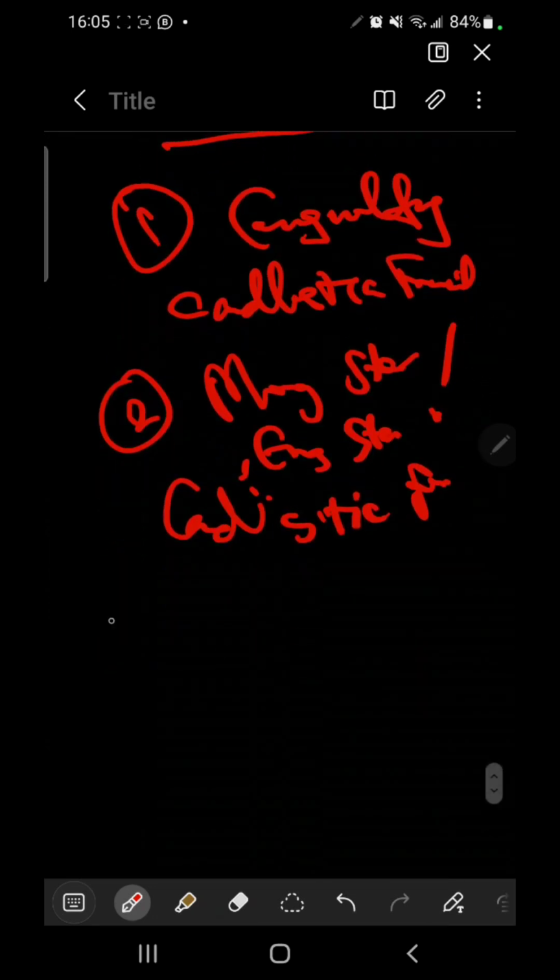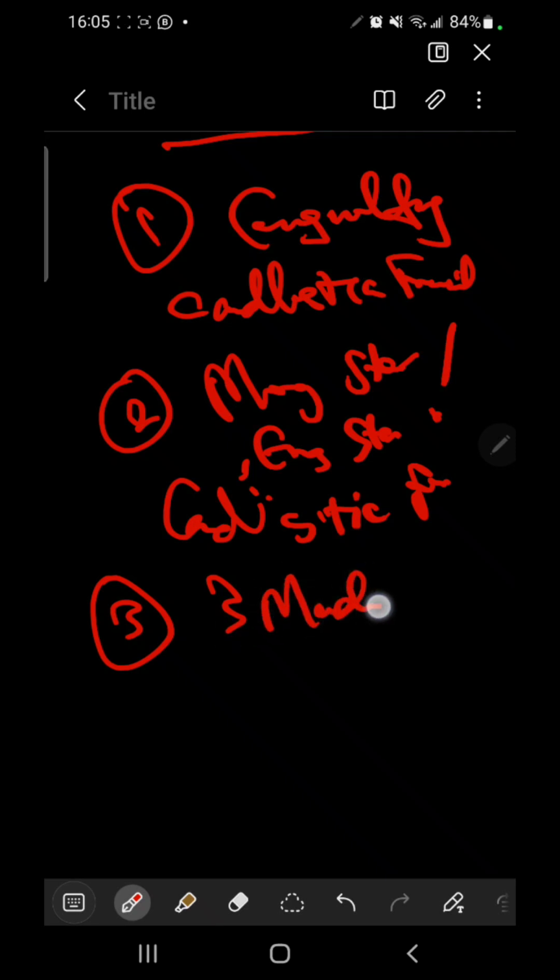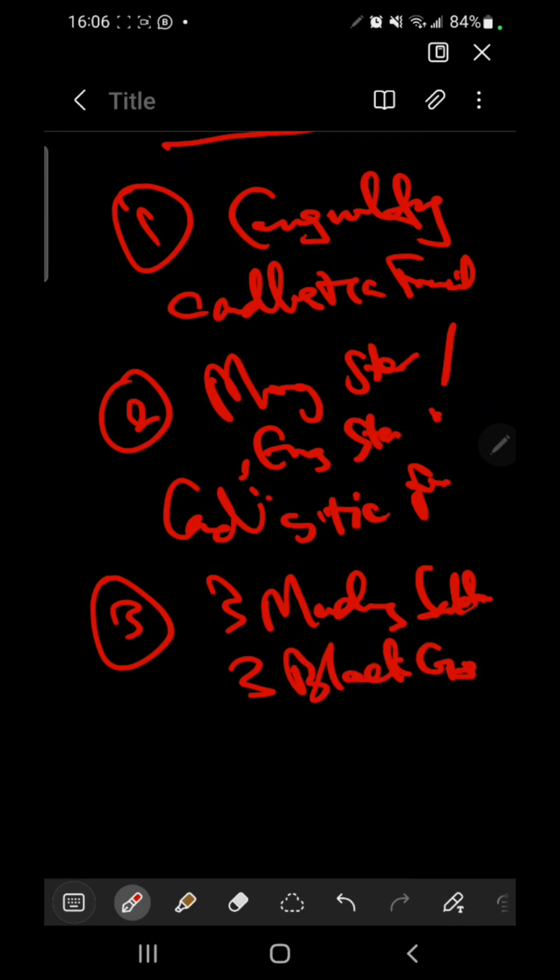And then lastly, we're going to be focusing on the 3 marching soldiers or the 3 black crows. So these are the 3 main patterns that we are going to be focused on: the engulfing candlestick formation, the morning star or evening star candlestick formation, and of course the 3 marching soldiers or 3 black crows candlestick formation.